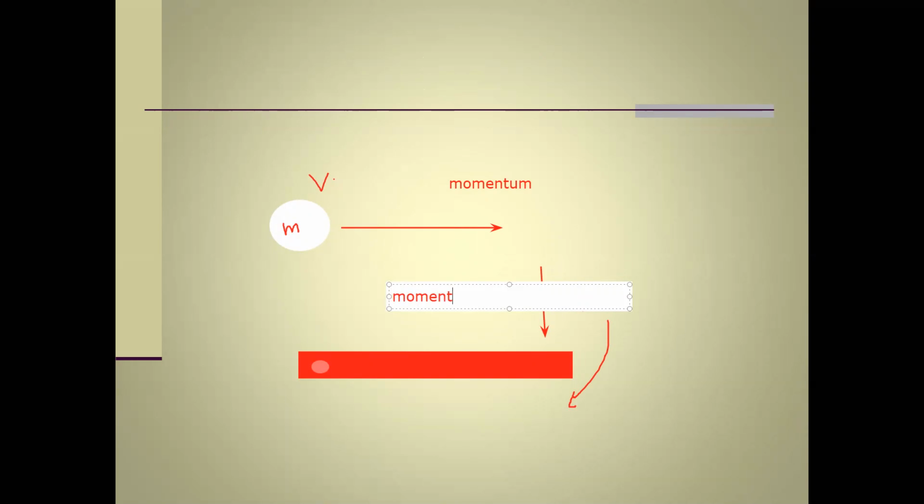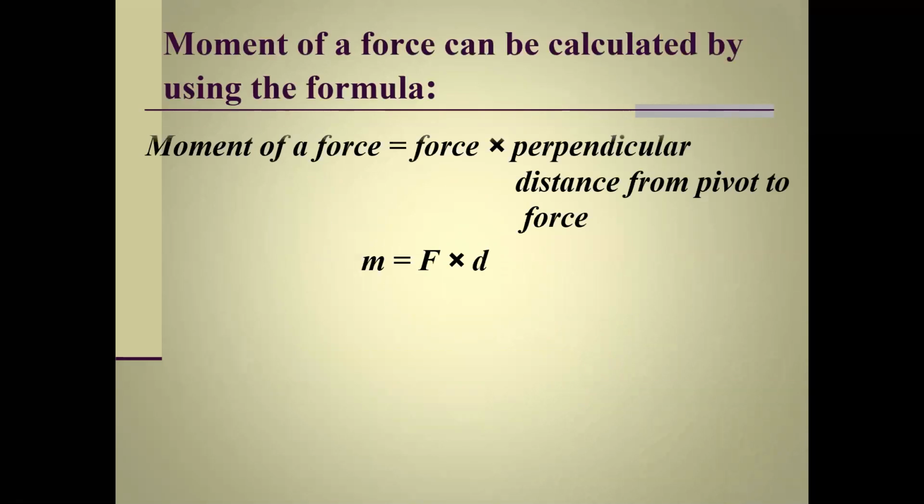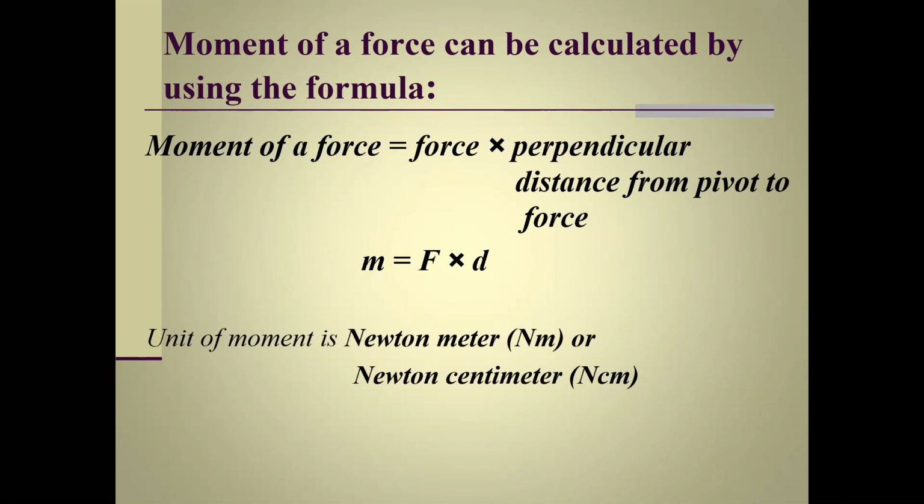So the turning effect of the force, whenever force is applied and the object rotates, we call moment. If you want to calculate the moment, or the turning effect of the force, it's always force multiplied by perpendicular distance from the pivot.